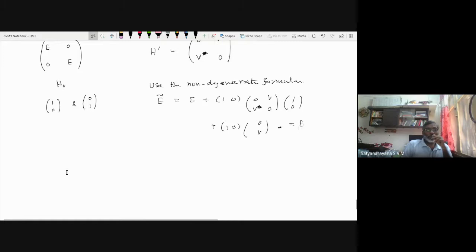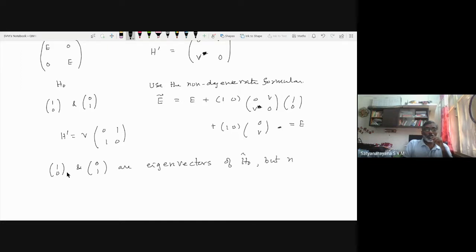But now you realize that your H prime is V times 0, 1, 1, 0. And notice that this 1, 0 and 0, 1 are eigenvectors of H0, but not eigenvectors of H prime.